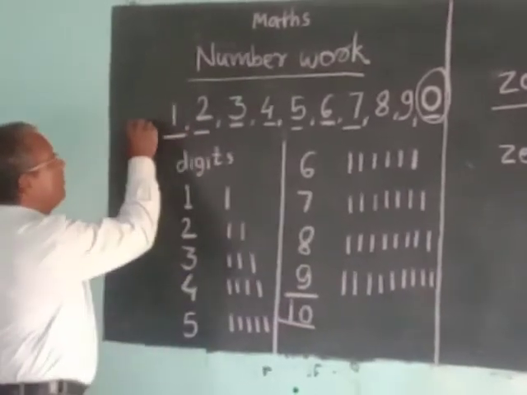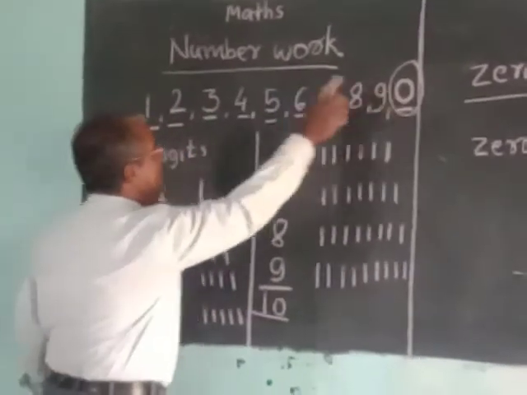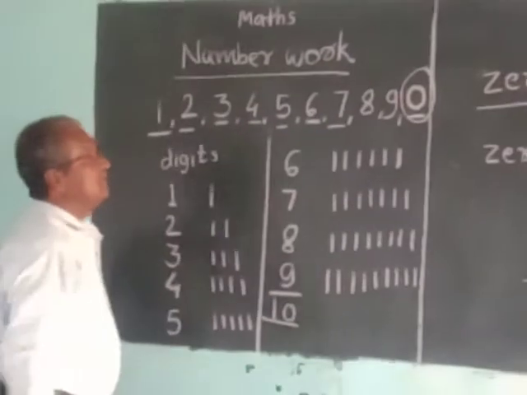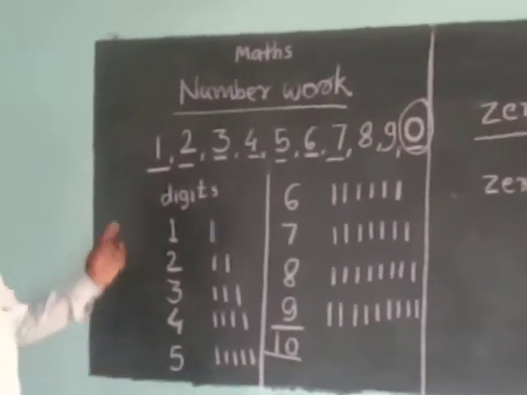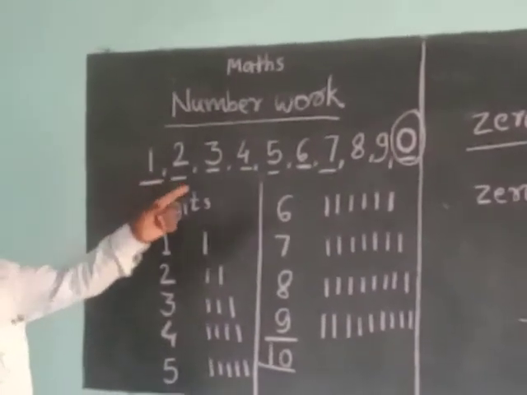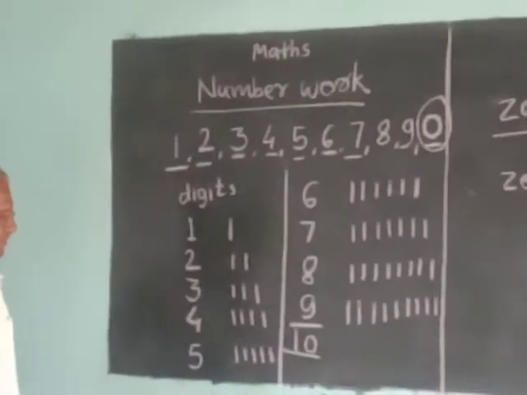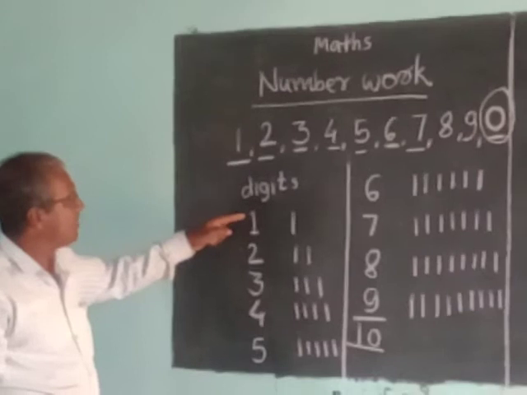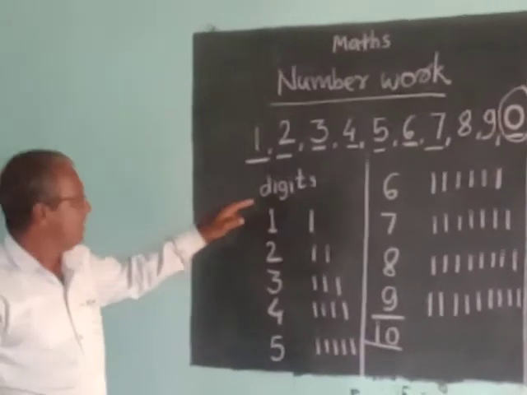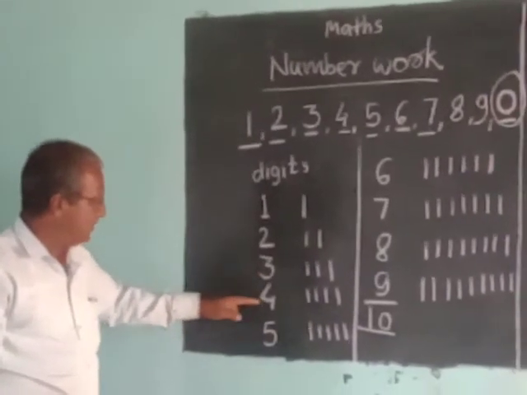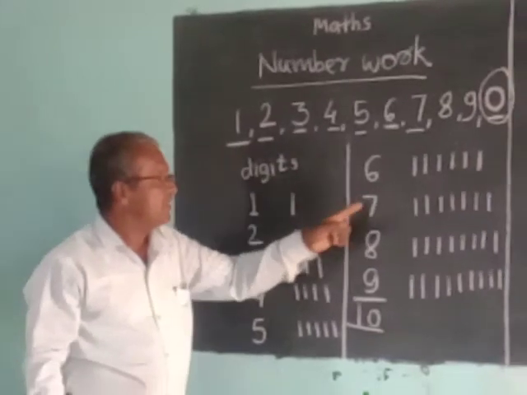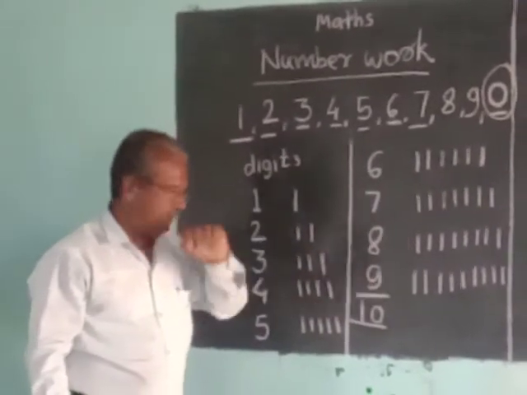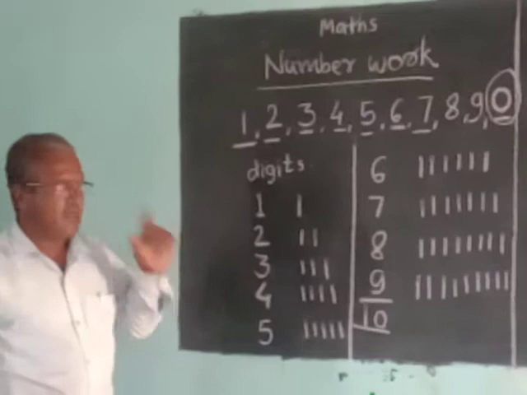From 0 to 9 these are symbols, but 1 to 9 are called digits, and those 9 are called one digit: 1, 2, 3, 4, 5, 6, 7, 8 and 9.